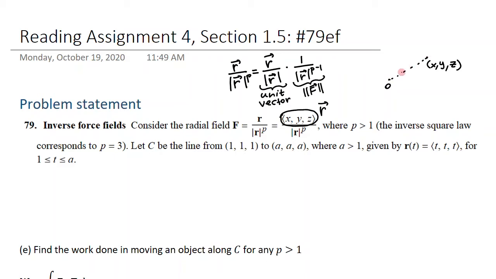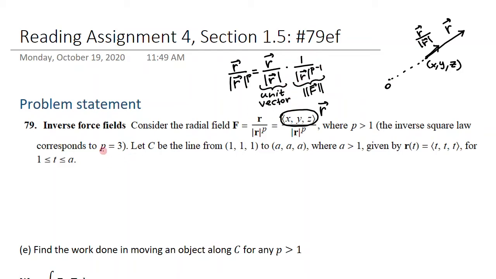It has this length, so it's going to look something like this. Then you're scaling it, so R divided by magnitude of R is a unit vector in this direction, and then it's scaled by this.